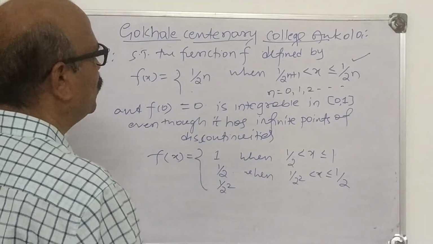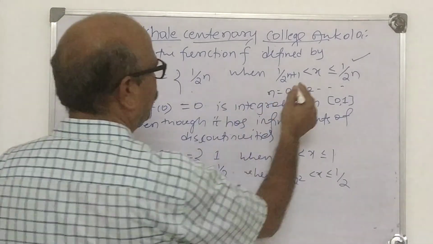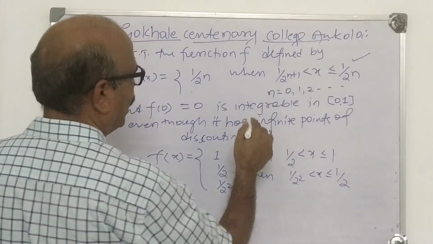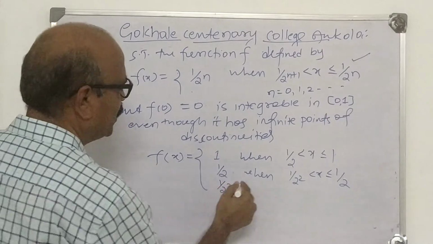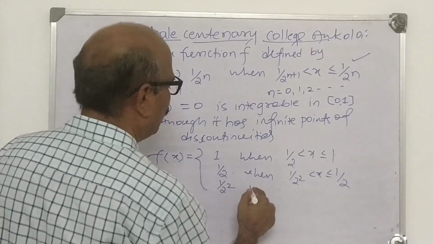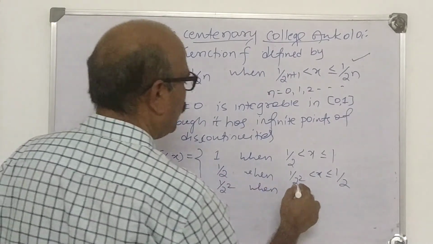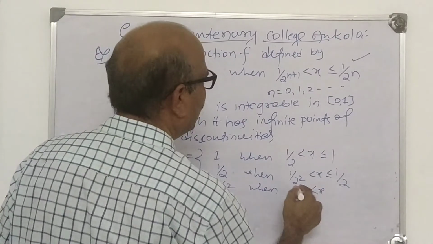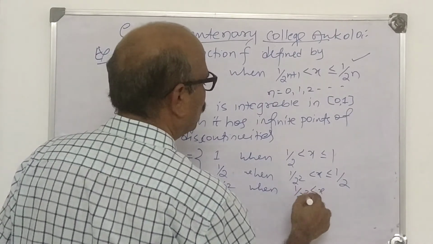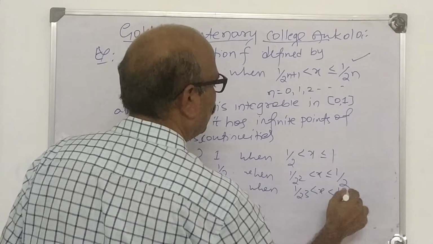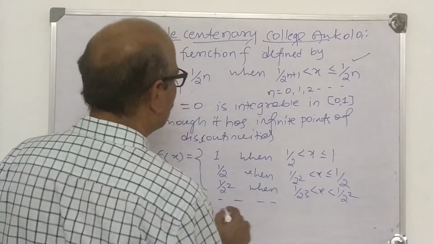Taking n is 2, when n is 2, f(x) is 1/2 square when x is greater than 1/2 cube and less than or equal to 1/2 square, and so on.